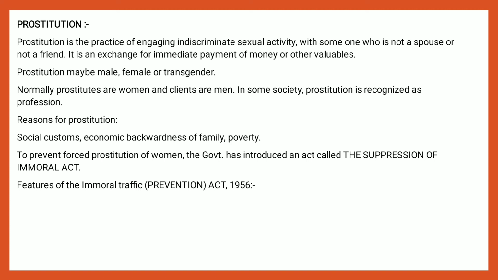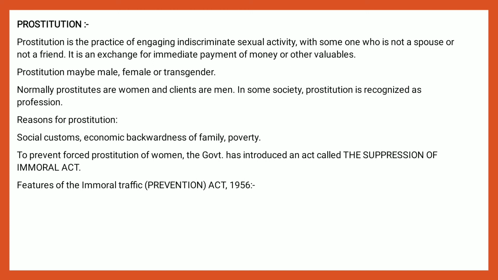In some societies, prostitution is recognized as a profession. Reasons for prostitution are social customs, economic backwardness of the society, and poverty. The government has introduced punishment for prostitution, Section 372 of the IPC.